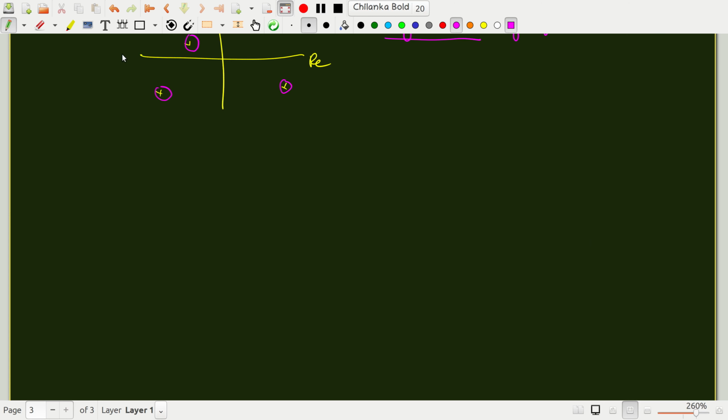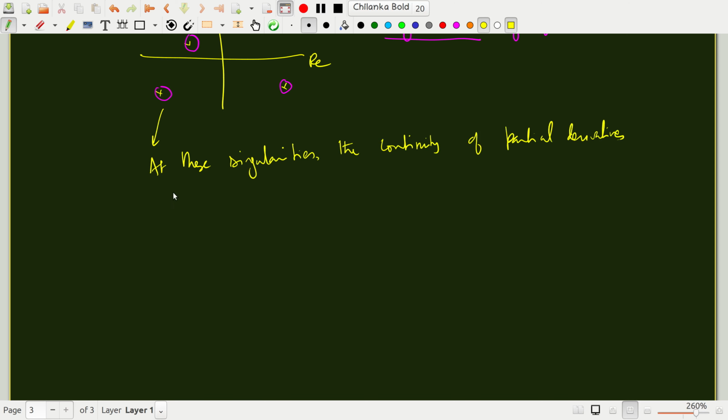Now, at these singularities, the continuity of the partial derivatives breaks down, and that's the reason why you find that the CR equations break down at isolated points.